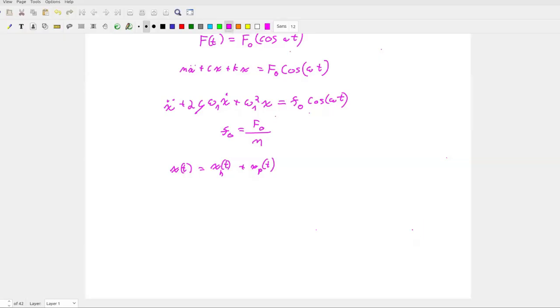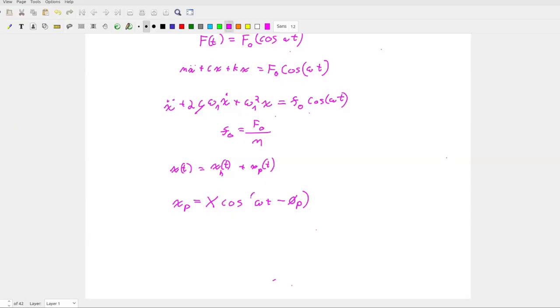However, that's going to be a little bit different this time because x sub p is equal to capital X, which I saw before, cosine of omega t minus phi particular, phi subscript p.